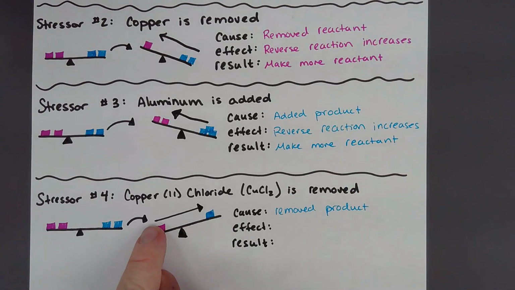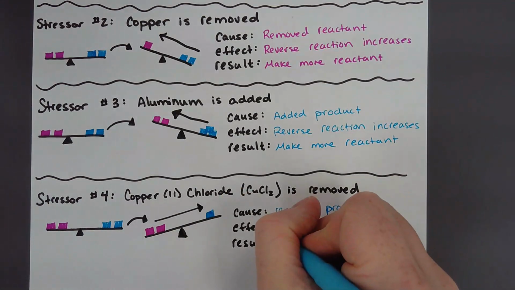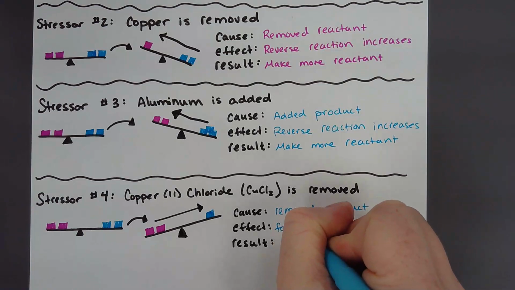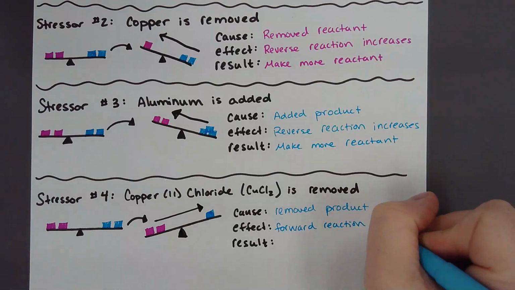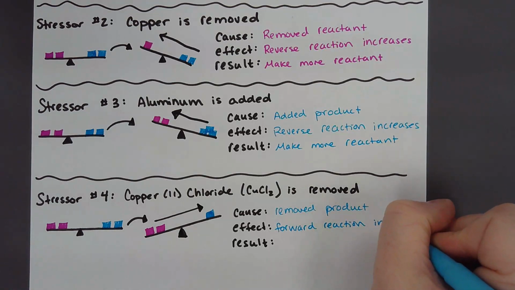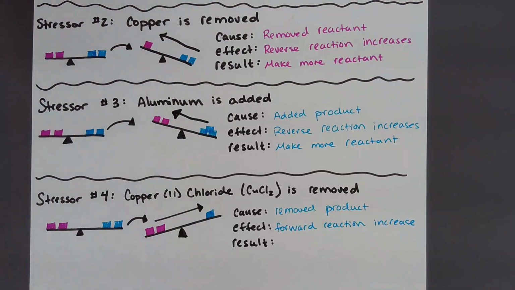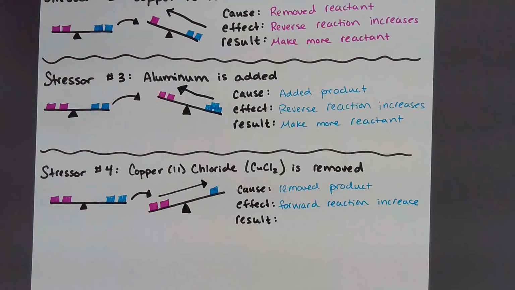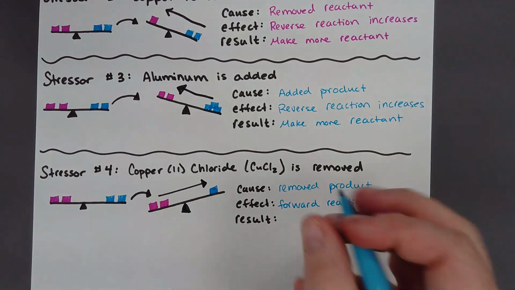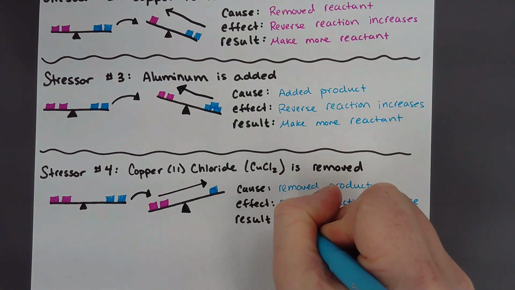Which way am I going to have to move in order to rebalance? I'm going to have to move forward. So my forward reaction rate is going to increase. And what's my result here? Well, if I wanted to balance this teeter-totter out, what would I need to do? I need more over here. I need to make more reactant. Sorry, make more product.